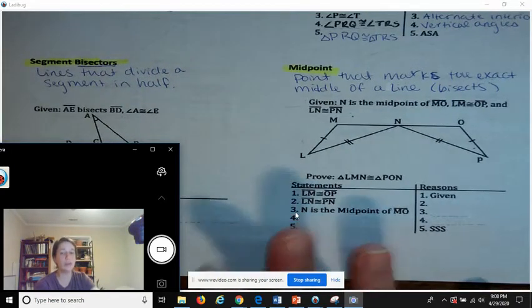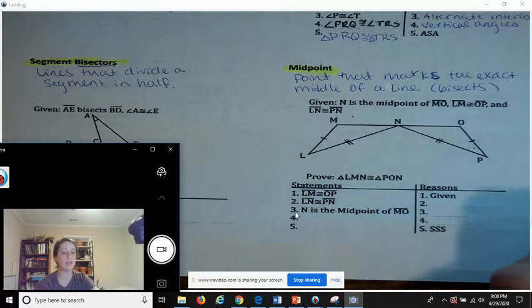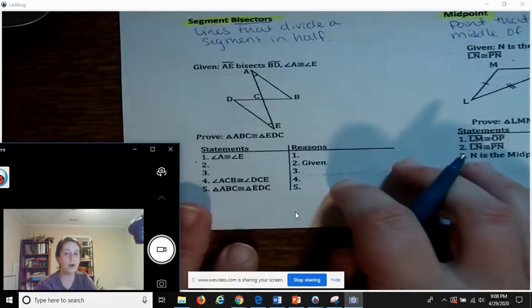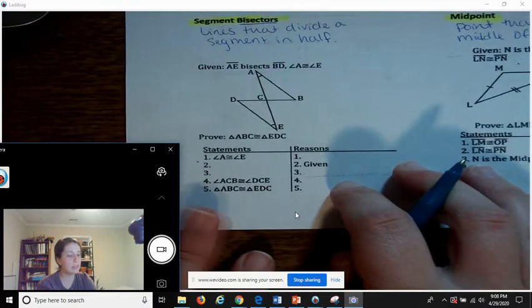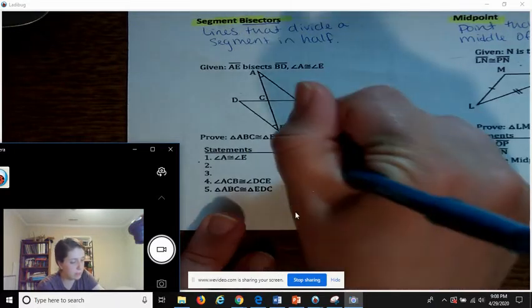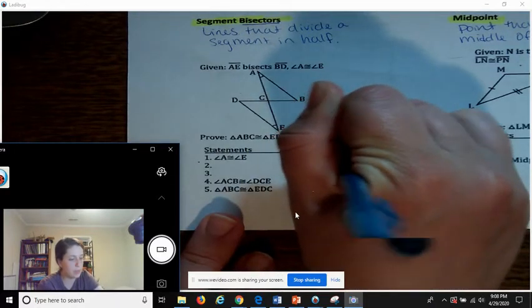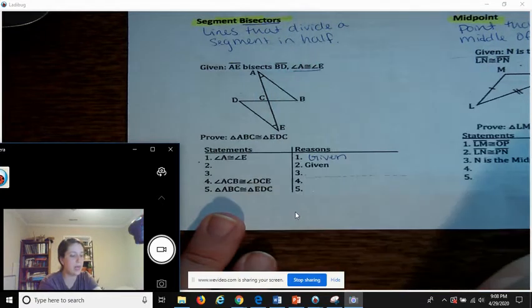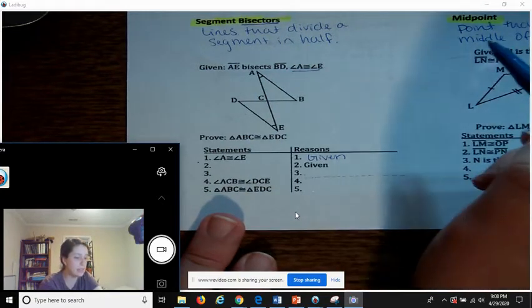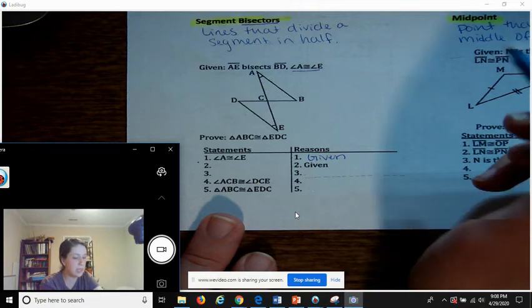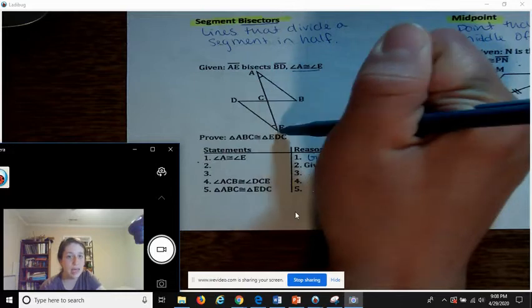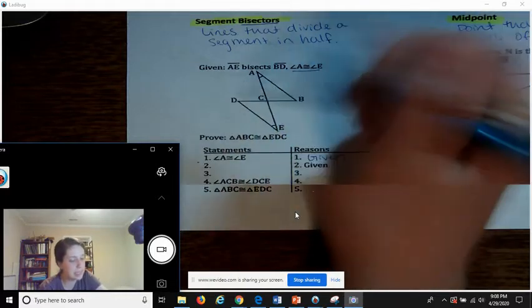So let's go ahead and do our next two proofs, and then you guys will do the 4 proofs on the back as practice. Okay, so for our first one, it first gives us that angle A is congruent to angle E. This is given. Then it says line AE bisects line BD. So this means that AE cuts BD exactly in half.